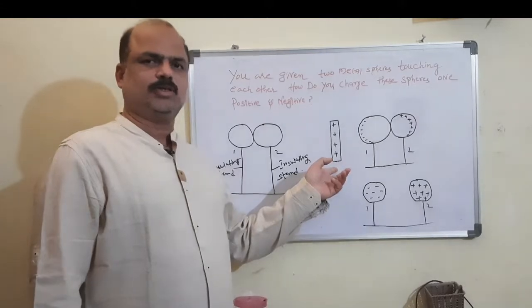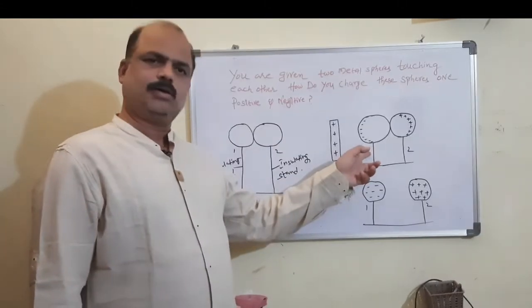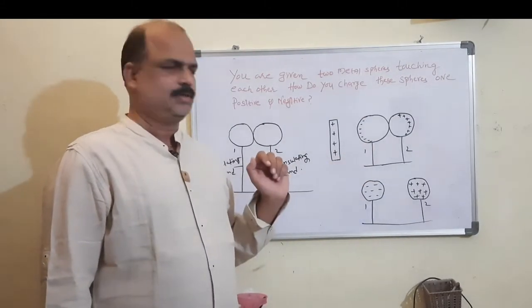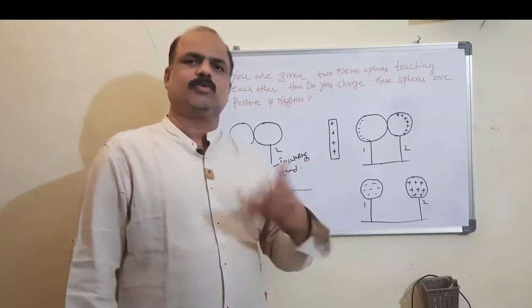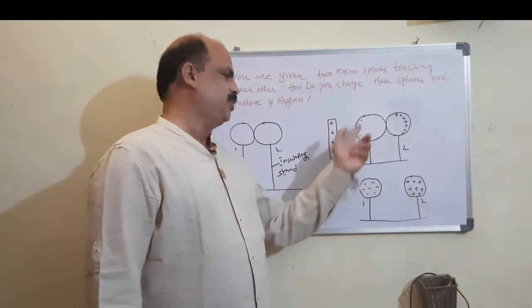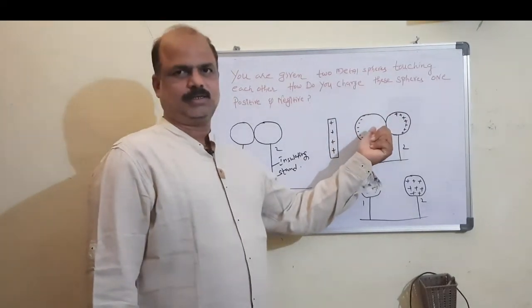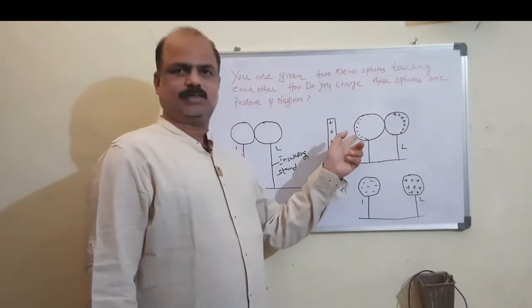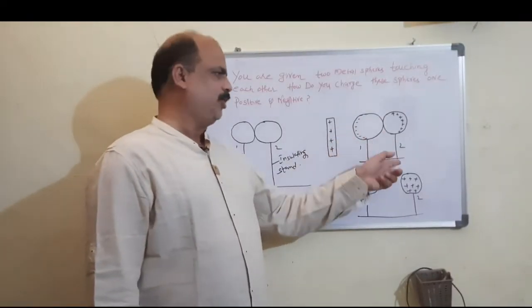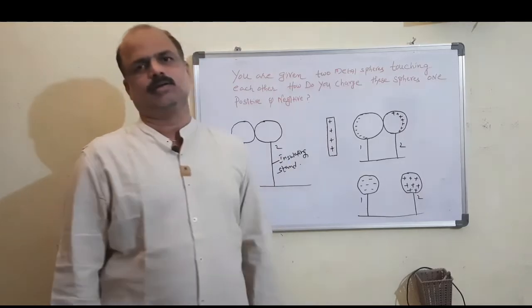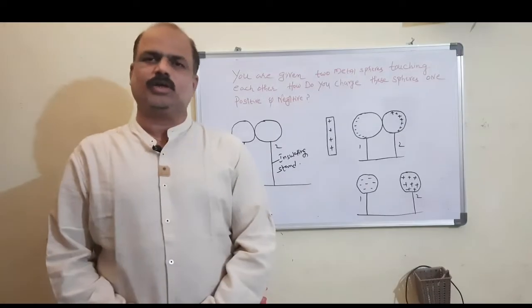Let a positively charged body be brought near to the two spheres. By the process of induction, all the negative charge in the two spheres accumulates at this end, and all the positive charge accumulates at this end. This is what we know as induction.